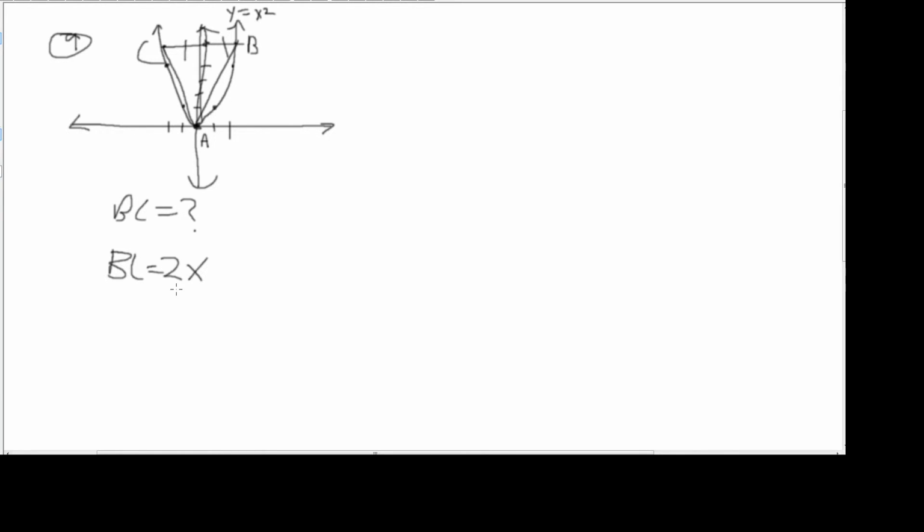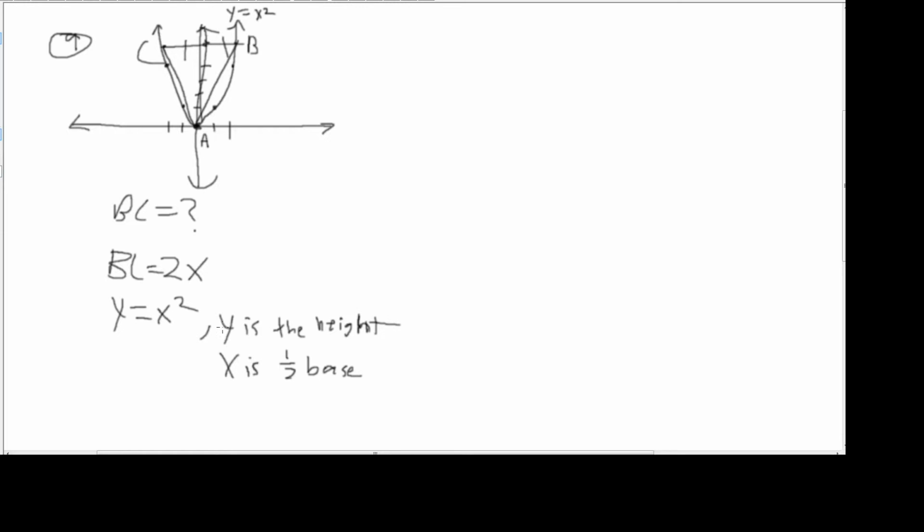So BC is just 2 times the x coordinate, because B is wherever the x coordinate is. And the height is going to be x squared, because you have y equals x squared, and y is the height. And I guess I should write x is 1/2 base.